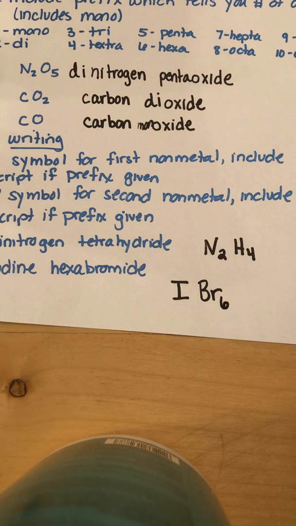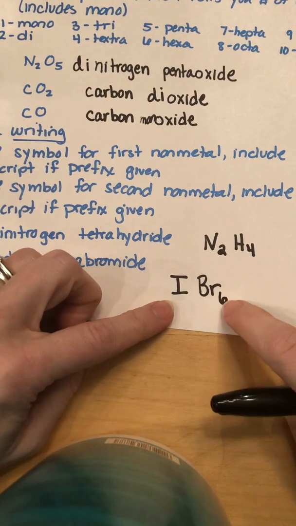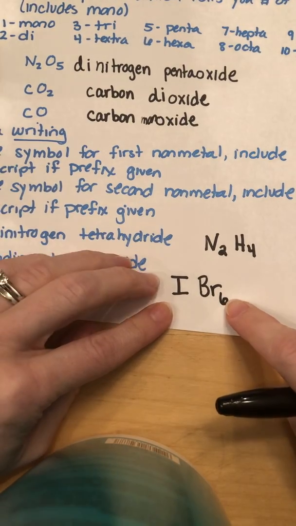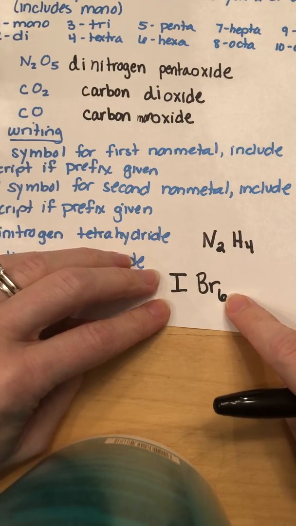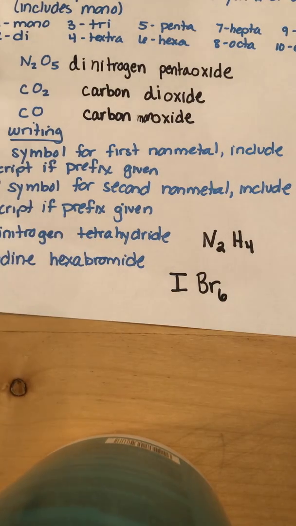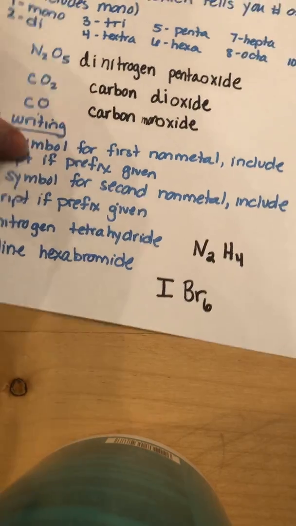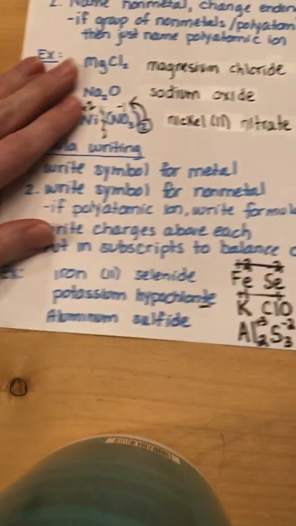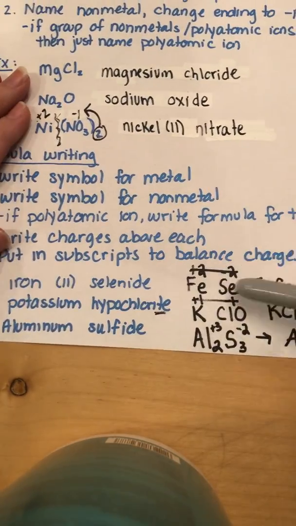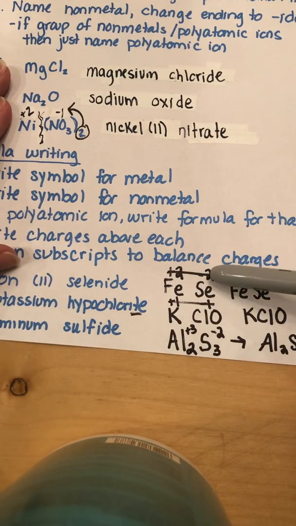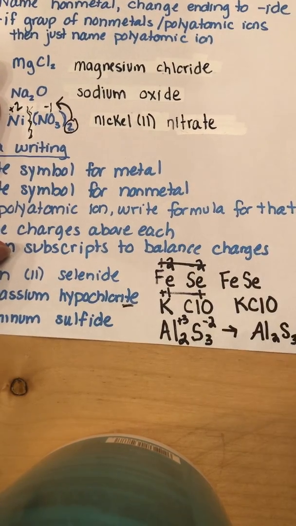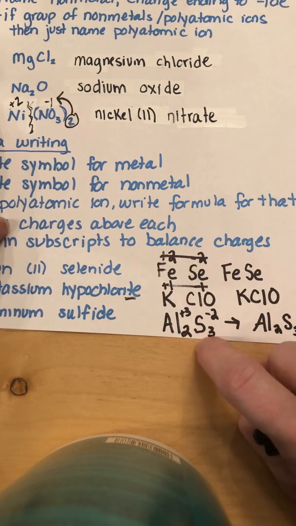What's another key difference between covalent and ionic is in covalent, the prefix tells you the number, your subscript, your number of atoms that are present. This is different from, if you viewed the ionic video yet, when you are writing the charges which are then being balanced with subscripts.